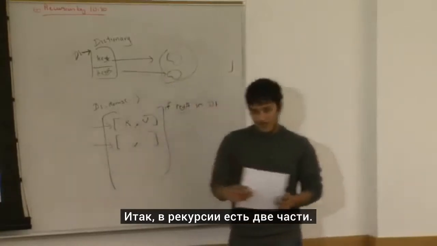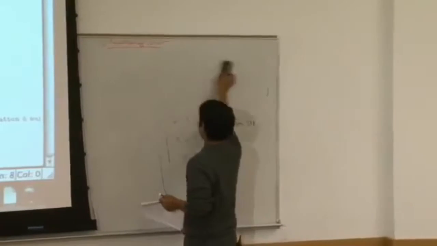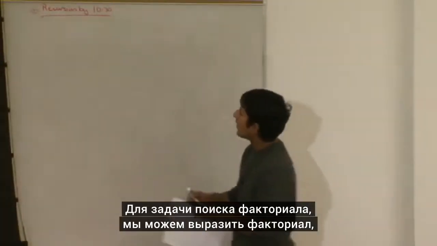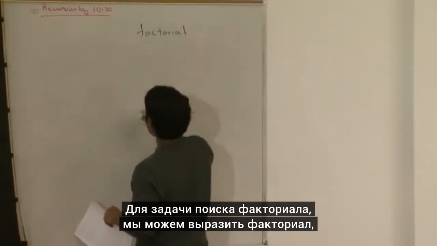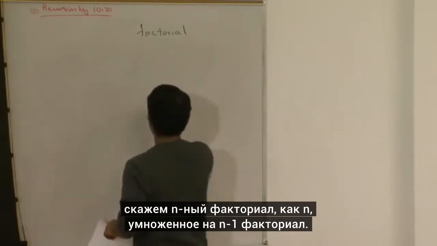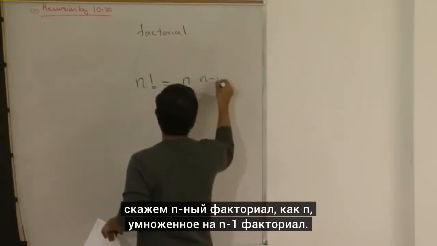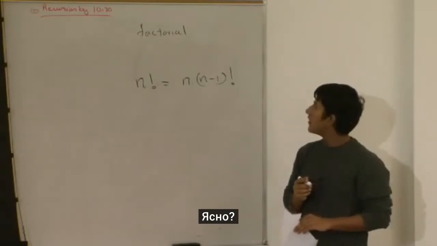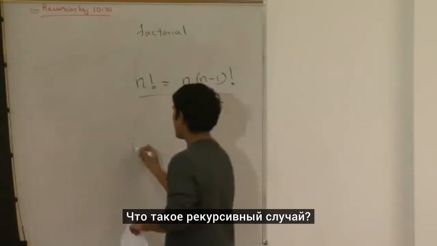So there are two parts in recursion. The first one is the base case. So for a factorial problem, we can express the nth factorial as n into n minus 1 factorial. Okay? So this will be our recursive case.